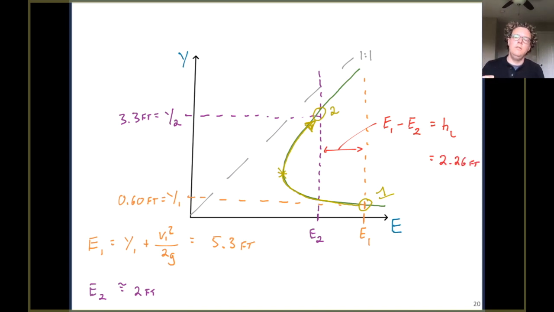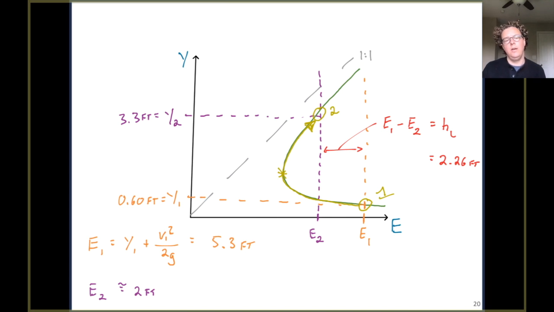So you can use the specific energy diagram to your advantage. Right? What I've just shown you guys in red is the energy equation as we applied it to our hydraulic jump. So this drawn in yellow pen here from 1 to 2 is what happens on the specific energy diagram for a hydraulic jump.